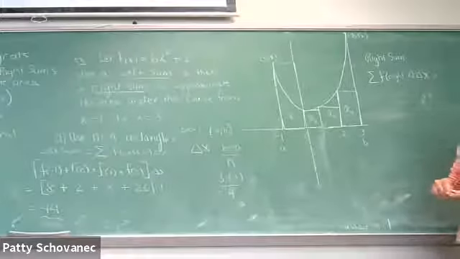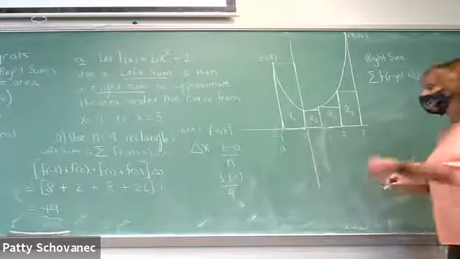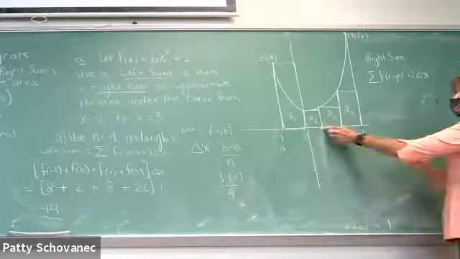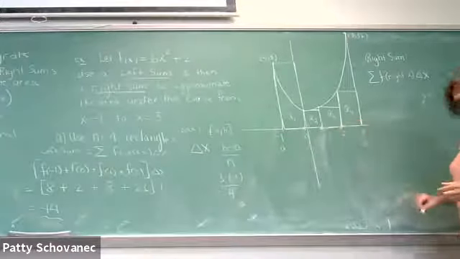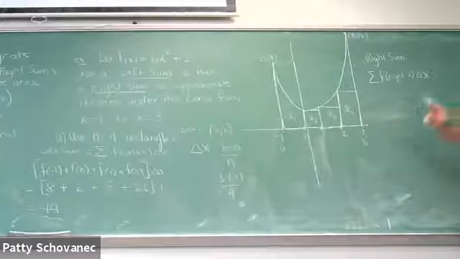And now my rightmost x's, so here in rectangle 1, the rightmost x is 0. In rectangle 2, the rightmost x is 1. In rectangle 3, the x on the right is 2. And then x is 3. So I want f of 0 plus f of 1 plus f of 2 plus f of 3 added together times delta x.